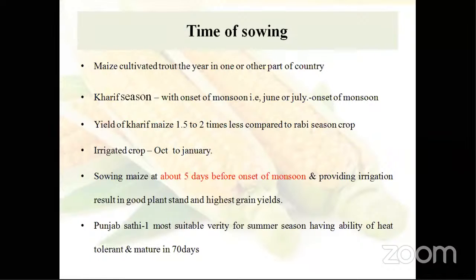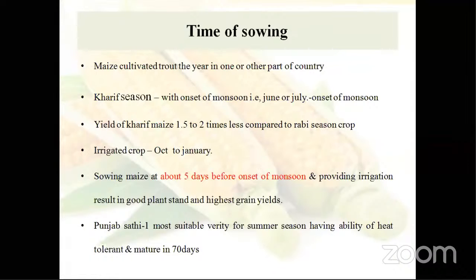It first enters around the last week of May or the first week of June. This is the normal monsoon time. As we discussed in the last class, how much of the total maize crop is under irrigation? 25%. And under rainfed condition, 75%.